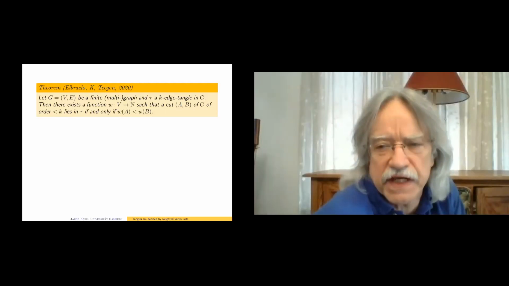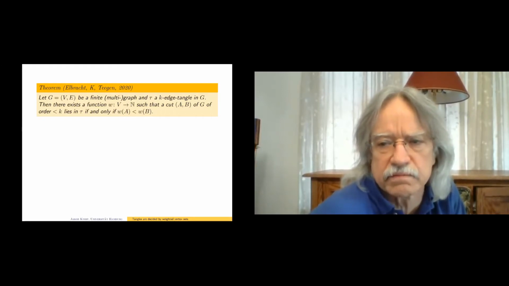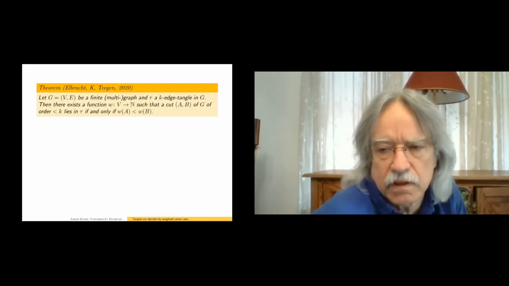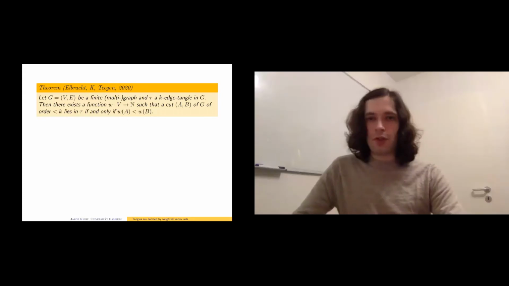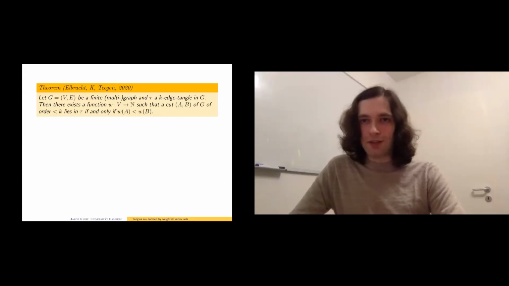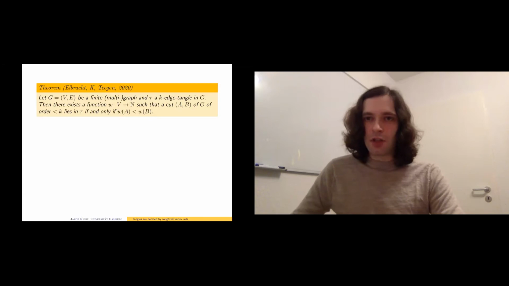I mean, the theorem as it stands does not give you a recognition strategy for K-tangles. No. So this is only one way. This is not a characterization of these weight functions. And I think we have some computer-generated examples where at least distributing uniform weights does not yield a tangle.